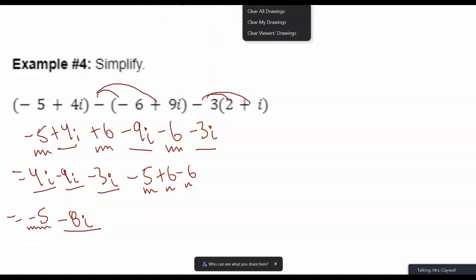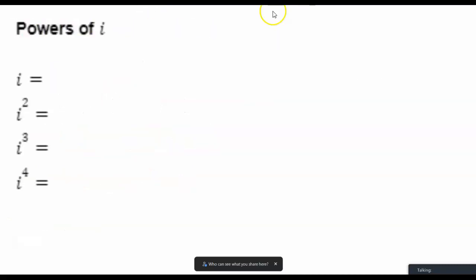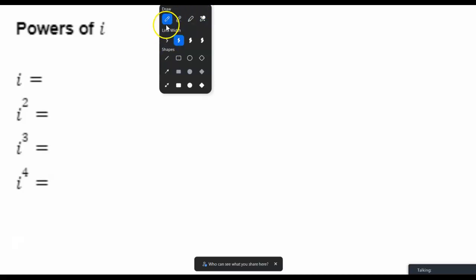Okay, now we're going to jump to where i has more than just the first power. So far, most of the i's we've dealt with are i to the first, so this is just i.